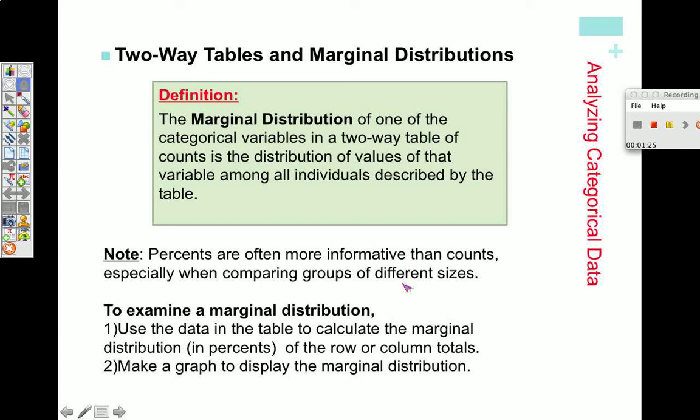The data can be really misleading if you're simply looking at a count as opposed to percent of the whole. So to examine our marginal distribution, we're going to calculate the distribution in percents of the row or column totals. And we'll look at how to do this in a second. And we're going to make a graph to display this distribution.